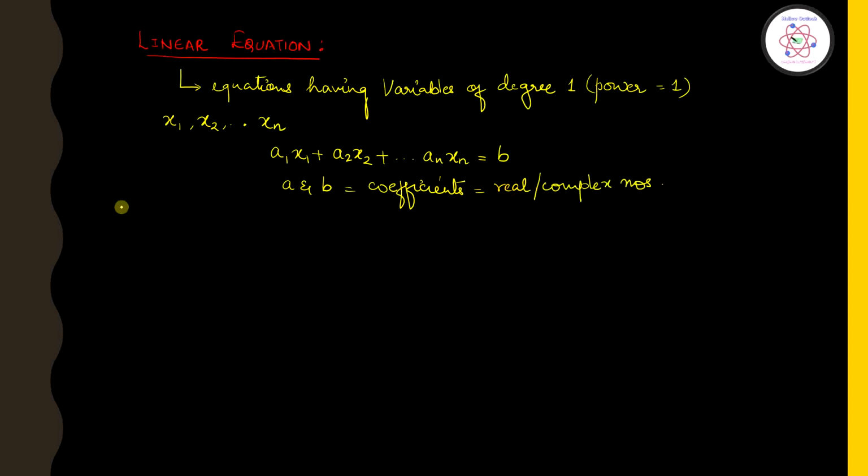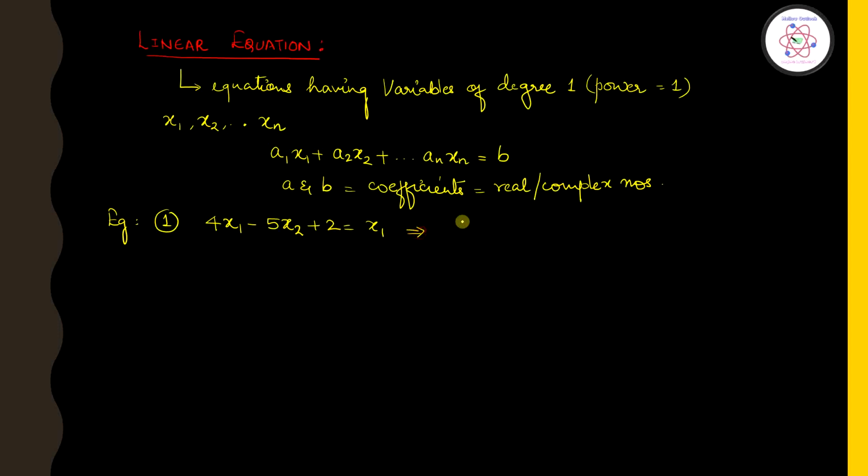Now let us look at some examples of how to identify whether it is a linear equation or not. Let me consider example 1. I have the equation 4x1 minus 5x2 plus 2 is equal to x1. The first task is to rearrange this equation.